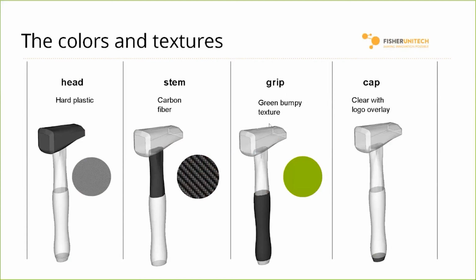The grip, I wanted to do a bumpy texture with the classic Verde Mira, Lamborghini's trademarked color. And then there's a cap on the bottom that I wanted to do clear with a cool logo insignia on it. So this is the work that we're going to do.